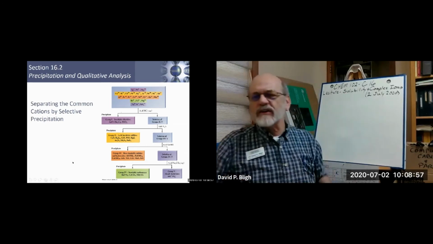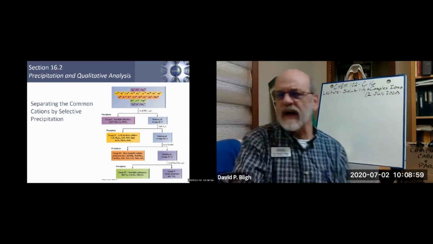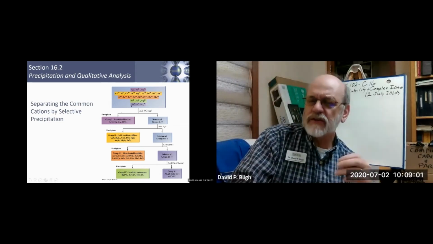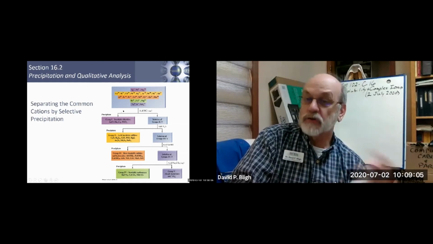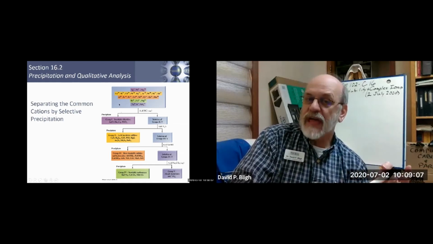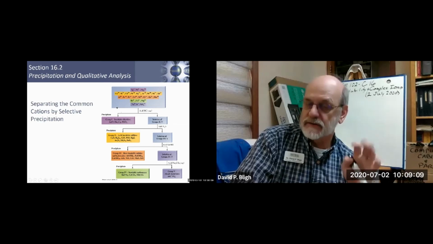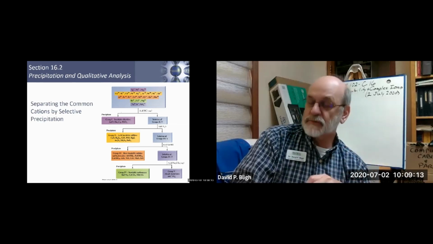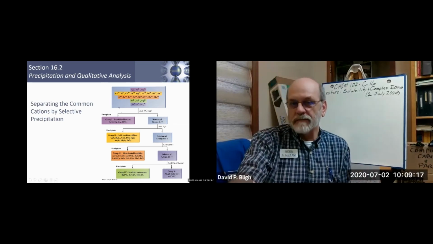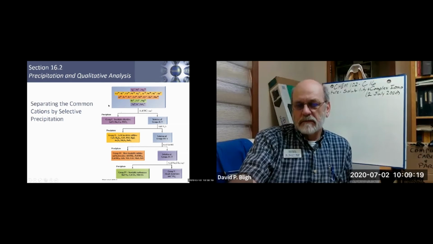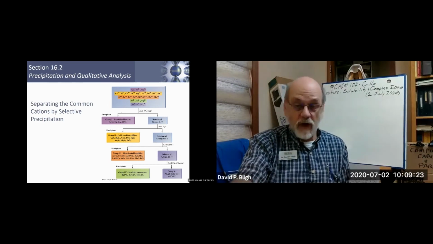Now, if you're just trying to determine the concentration of these ions, well, you can't determine the concentration of the ions easily by alternate methods, but you can determine the concentration of the metals in solution. There are spectroscopic methods that work very well. We used to do it with inductively coupled argon plasma spectrometry.